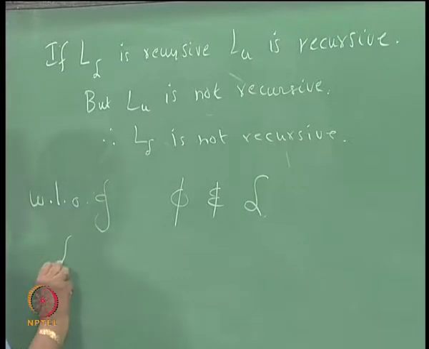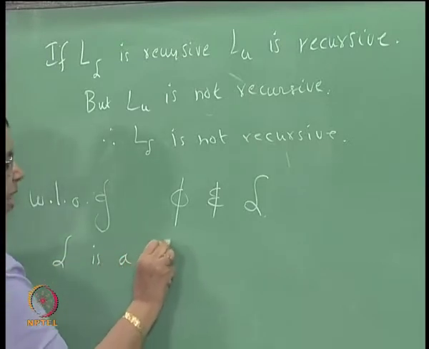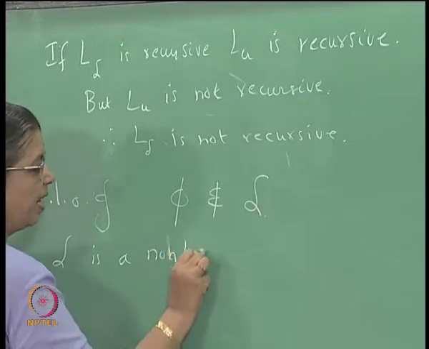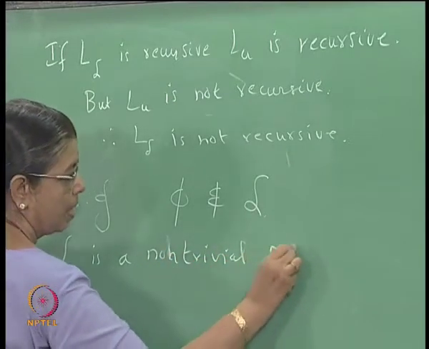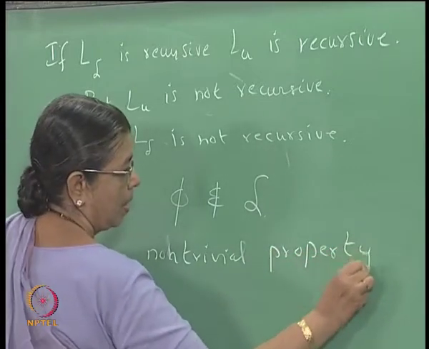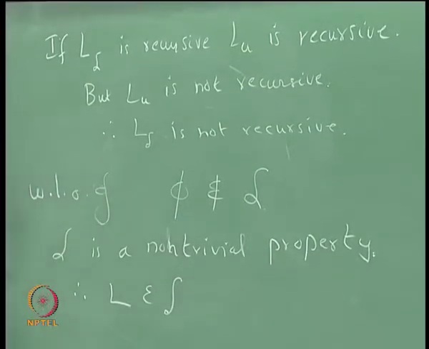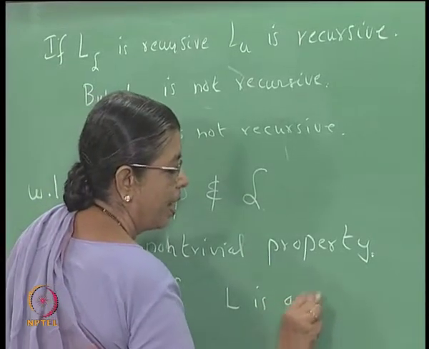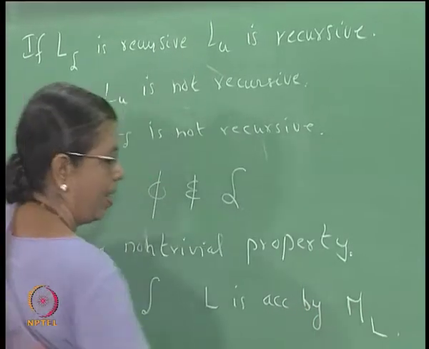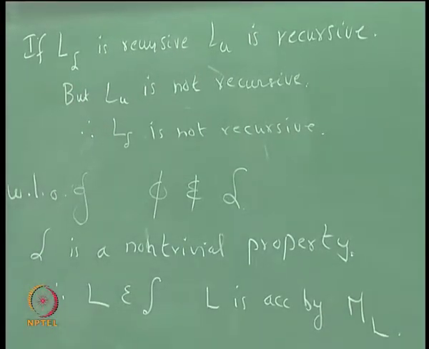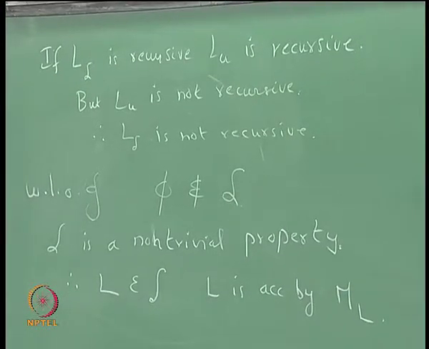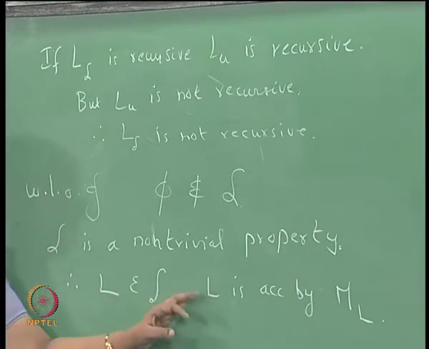So, S is a non-trivial property, therefore there is some language L belonging to S, and L is accepted by a Turing machine, call it ML.